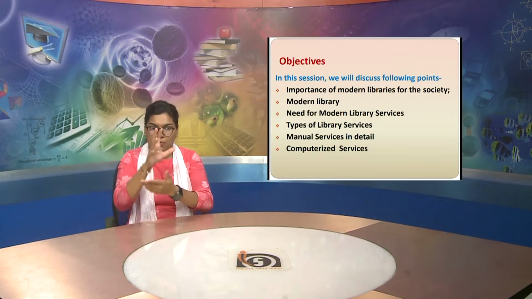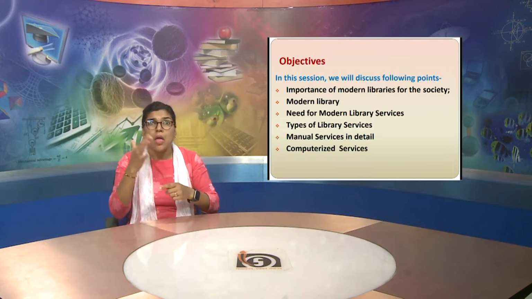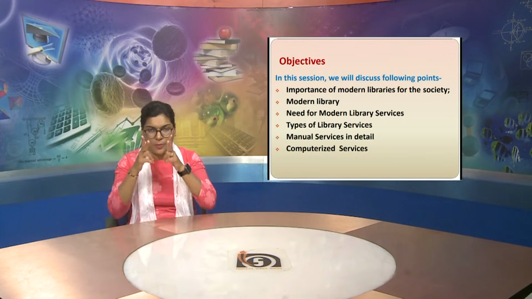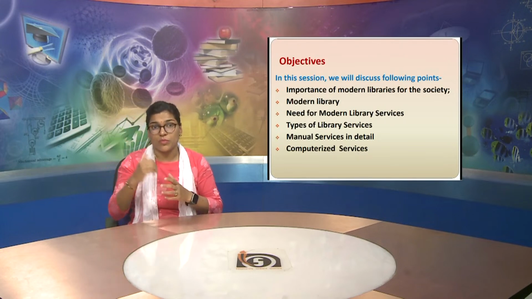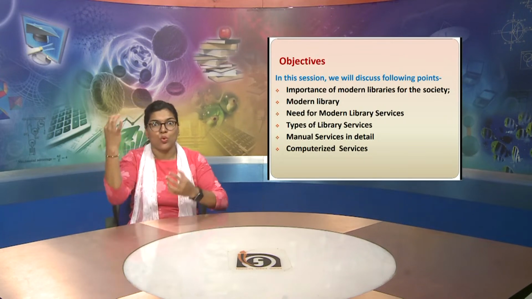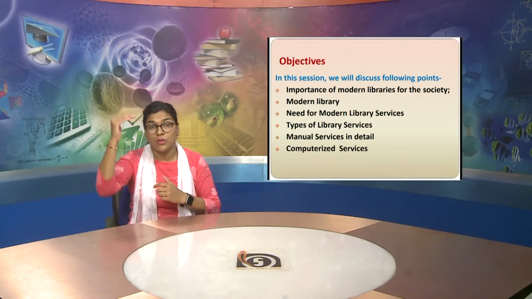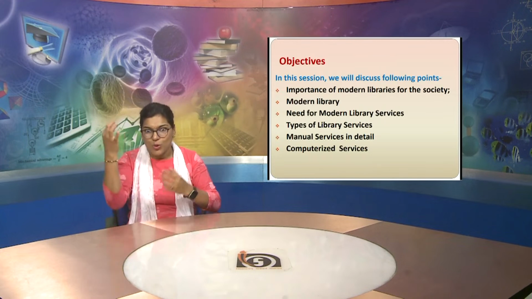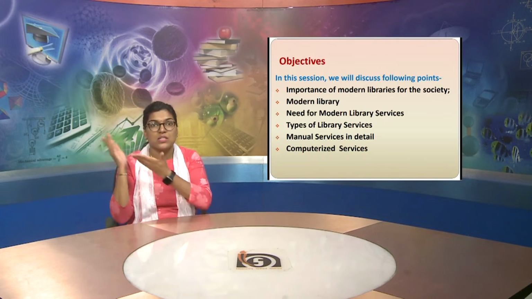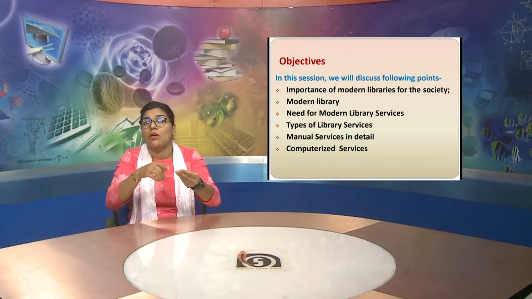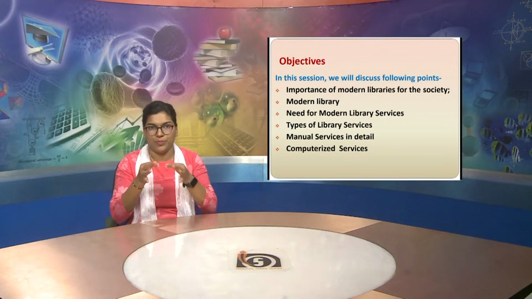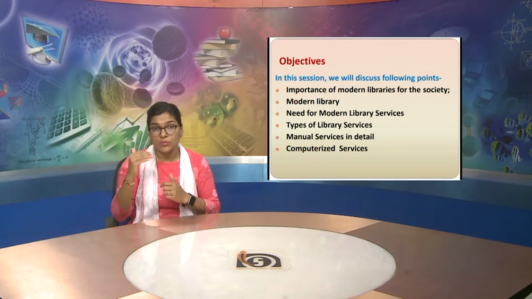First, we will be able to understand the importance of modern libraries for the society. Also, we will be able to understand the meaning and the concept behind the modern library. Along with that, we will be able to understand the need for modern library services. We will discuss all points in detail.